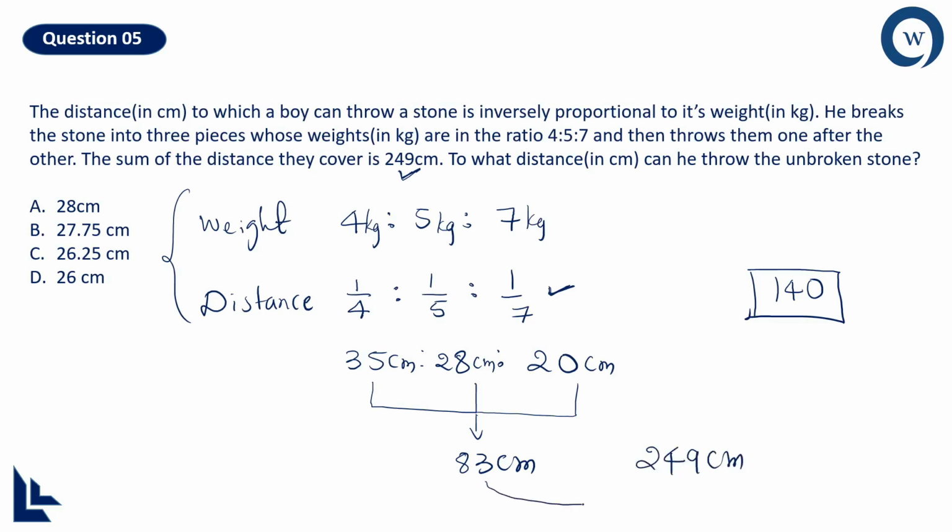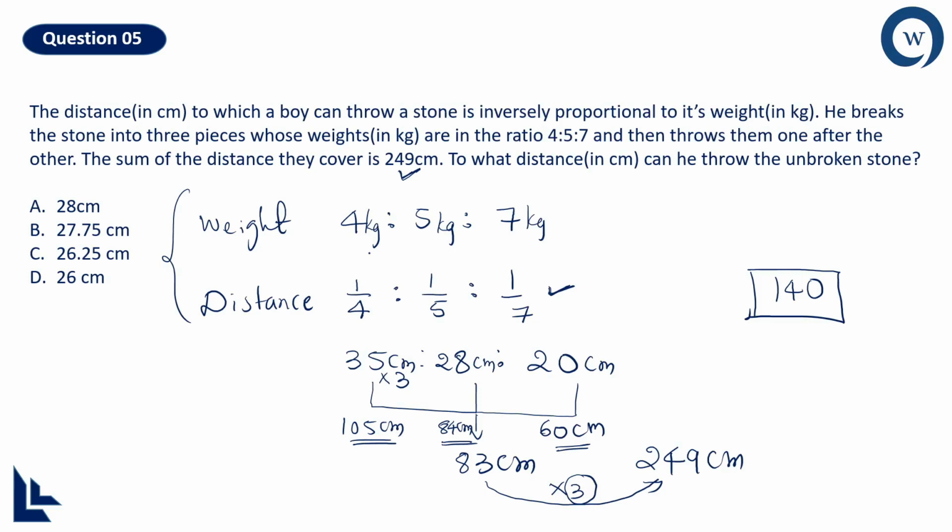So I know that my assumption is wrong and reality is 3 times of my assumption value, which tells me that the first stone will travel 105 centimeter, second stone will travel 28 into 3, which is 84 centimeter, and the third stone will travel 20 into 3, which is 60 centimeter. Now these are the real values.